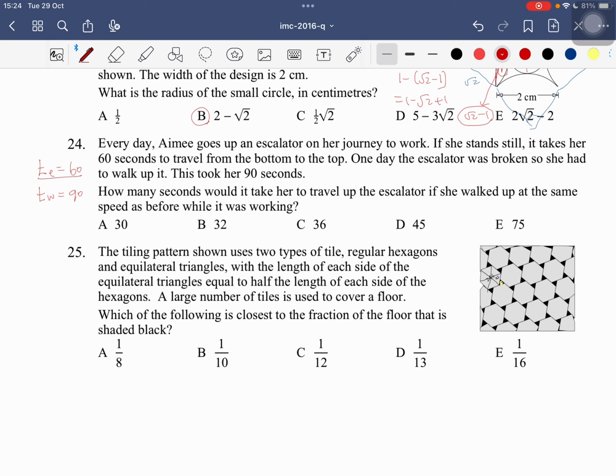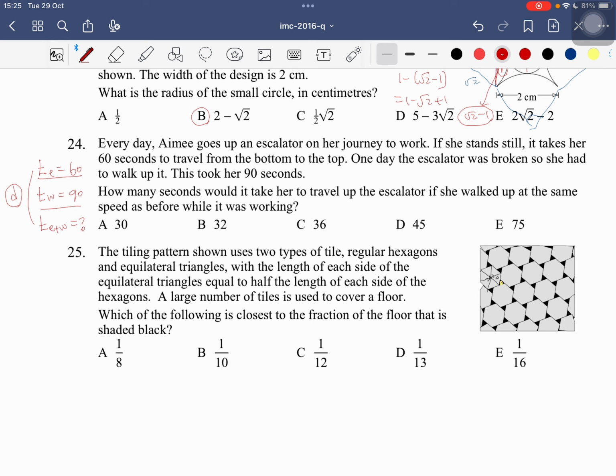So this was like only escalator and only walking. How many seconds would it take her to, so escalator plus walking, like this. In all these cases, we are using the same escalator which has the same distance of the journey. So we are sharing the distance.